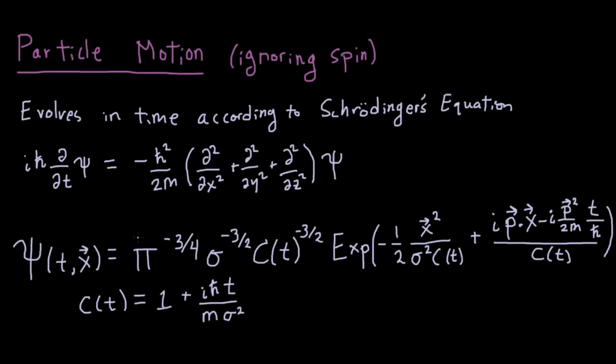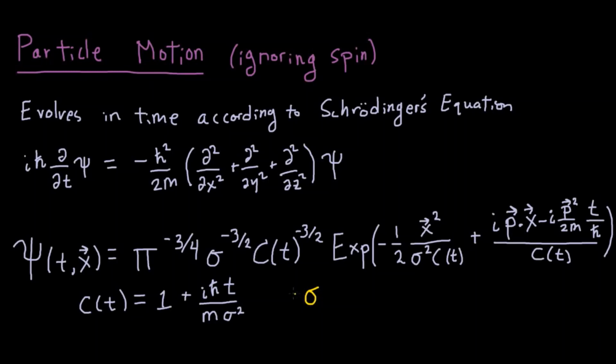So let's just start from the beginning. First things first, we have a pi to the negative 3/4 out front. That's just a number, nothing so crazy. Then we have a sigma to the negative 3/2. What's sigma? As we'll see a bit later, sigma should be thought of as the initial position uncertainty of the particle.